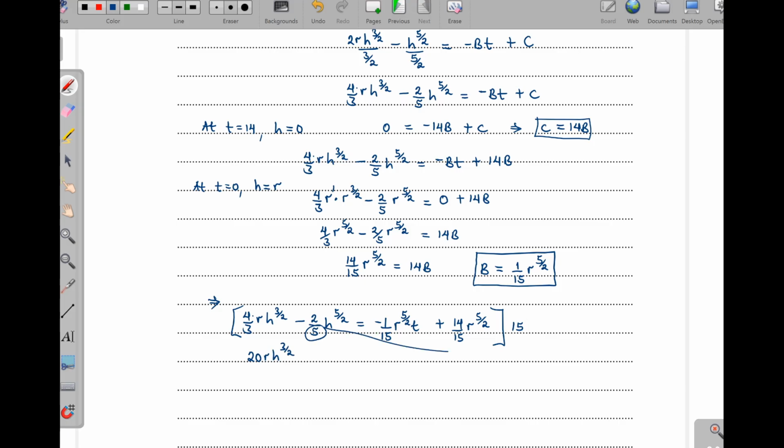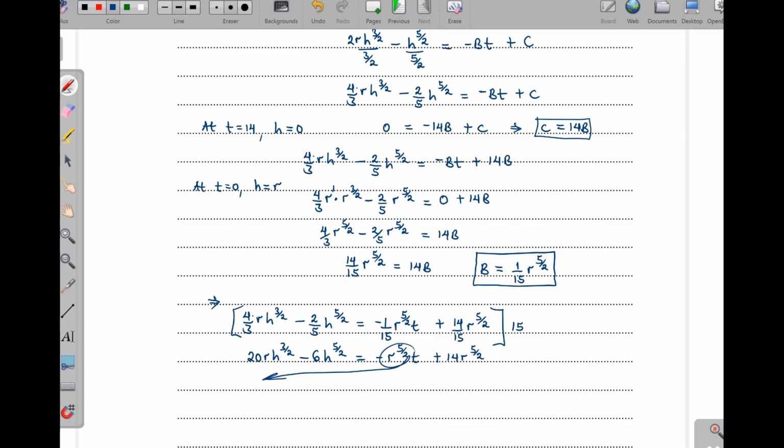Then this 5 will go into 15 how many times? 3. Then times 2, you get 6. So minus 6 h power 5 over 2. And then what else? 15, of course, these ones will go. So we shall have negative r power 5 over 2 of t, then plus 14 r power 5 over 2.